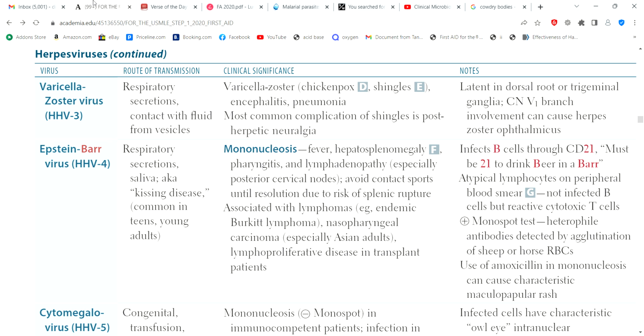So, rash and tingling on forehead. Okay, latent in the dorsal root or trigeminal ganglia, V1 branch involvement can cause herpes zoster ophthalmicus.